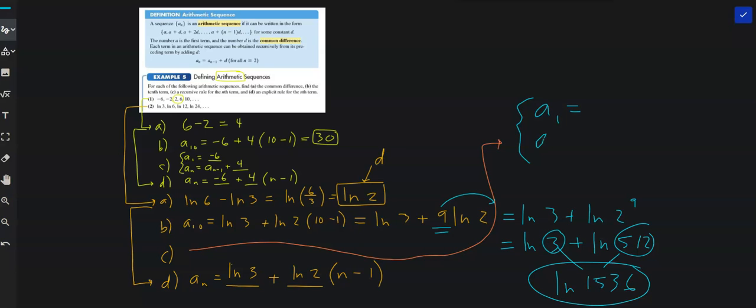First term, and we've got the next term is equal to the previous term plus something. So we've got to fill in these values. Well, obviously the first term is the natural log of 3, and the common difference that we're adding to each term is the natural log of 2. So that's my recursive formula. Just had to plug in those two things, just like we did before, with the nicer one from the previous example. All right, let's move on to the next slide.